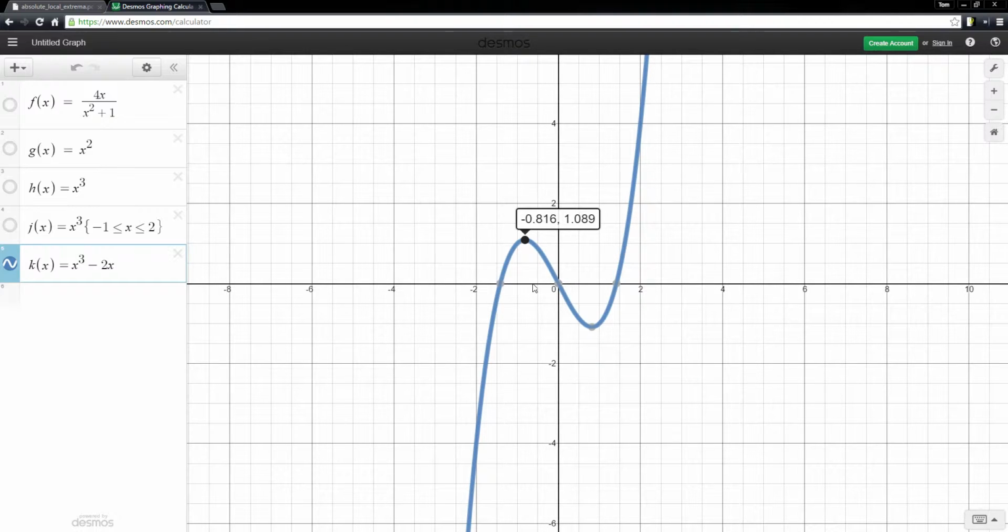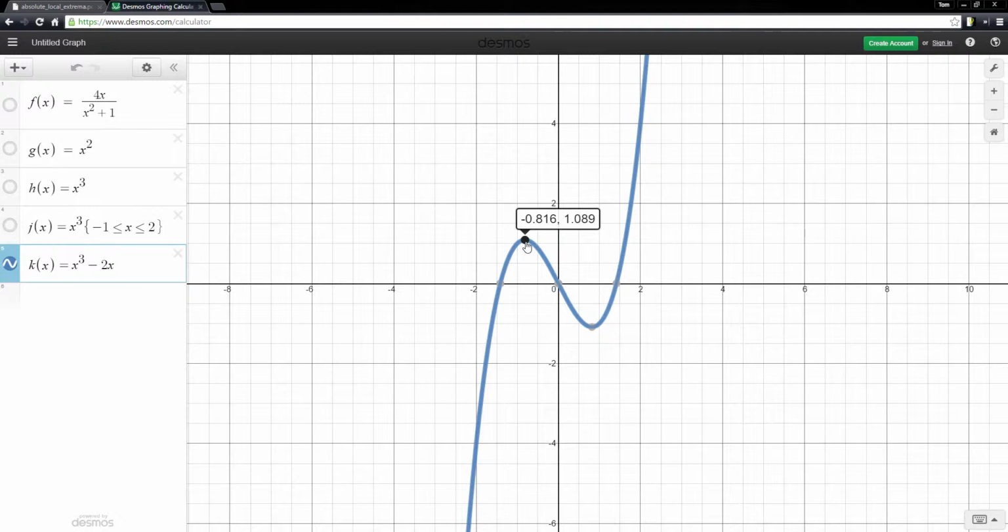But if I only look at the x values in some small open interval around whatever the x value is, -0.816, that is a high point in there. So while it's not the highest point of all the points on the graph, there's some small area here that if I only consider those points, that is the highest point on the graph. So that's called not an absolute max, but a local max.